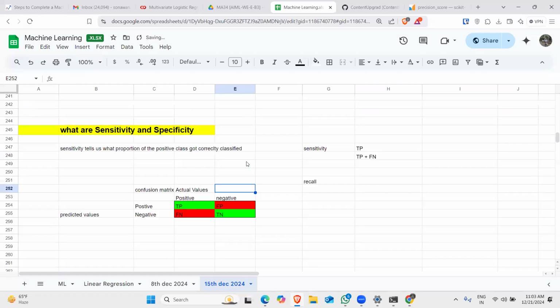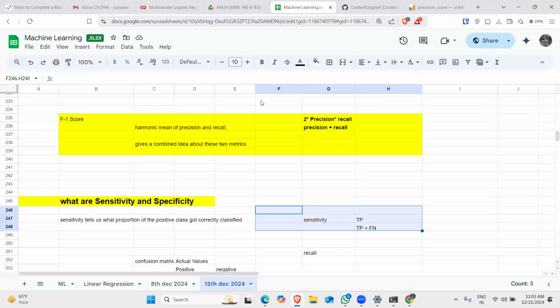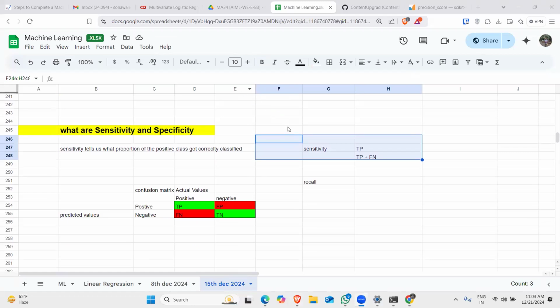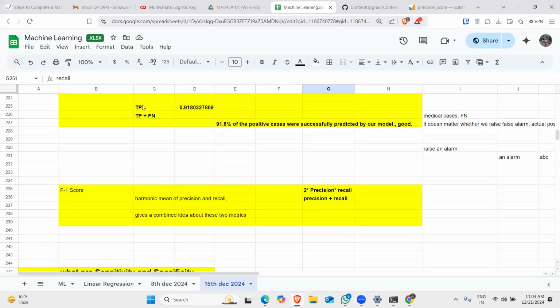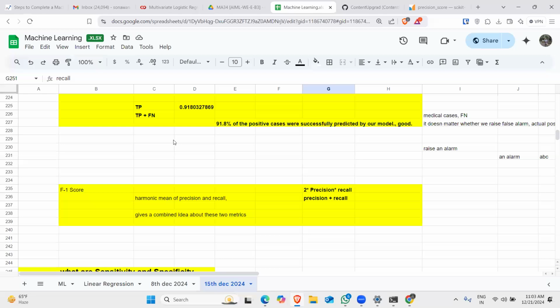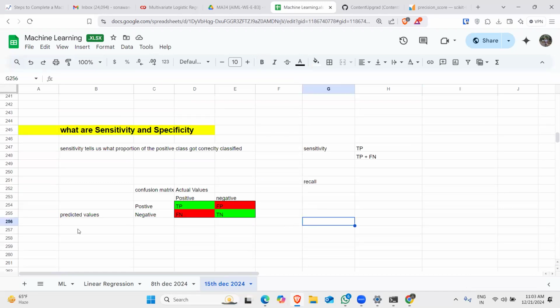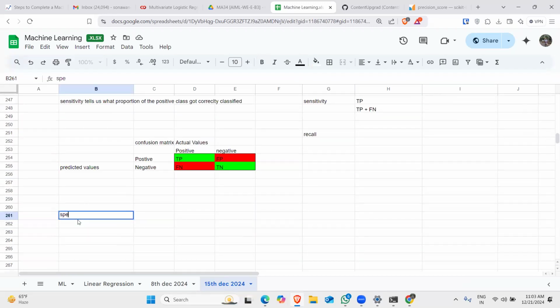So can I say sensitivity as recall? Can we say sensitivity as recall? Because the formula is the same, right? And we already have seen an example for this, the medical cases, right? Now we have specificity, which is nothing but known as the true negative rate.